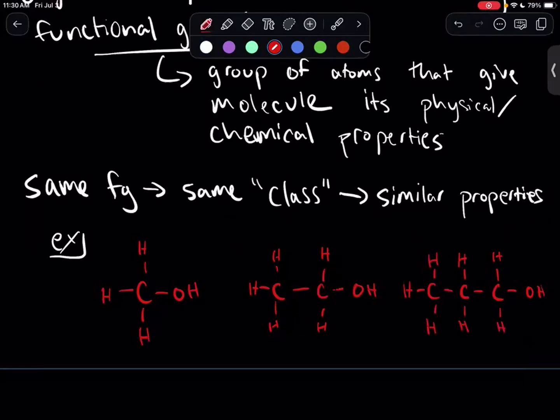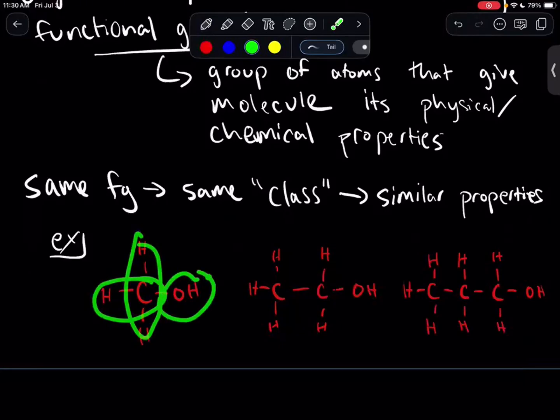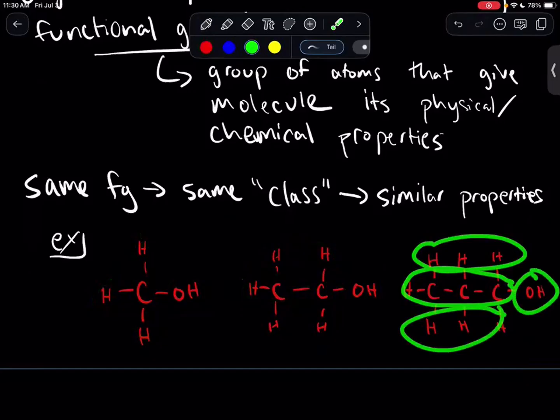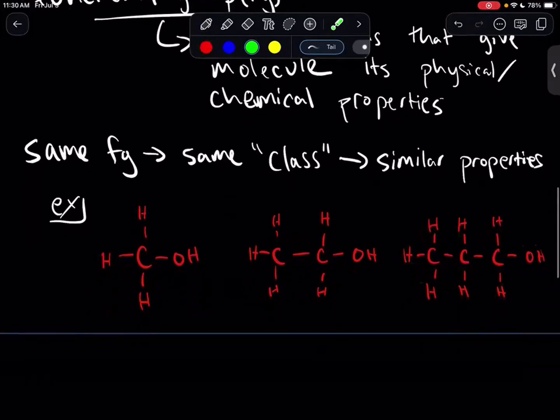So what you'll notice here is that most of this is the same. Carbon with some hydrogens and an OH. Carbon, carbon, some hydrogens, and then an OH. Carbon, carbon, carbon, hydrogens, and an OH. The OH here is the functional group.